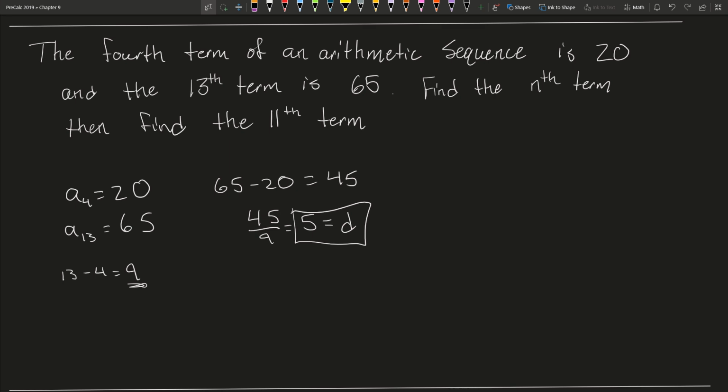So in order to find the nth term, we have to find the first term. Okay, so a1 would equal a4 minus 5 times 4, right? Because the fourth term is the first term plus 5 four times. So then we have 20 minus 20, so that's just equal to 0.